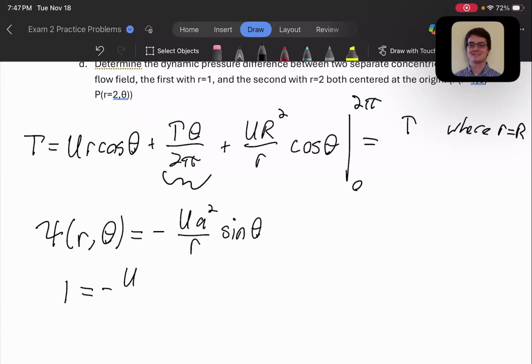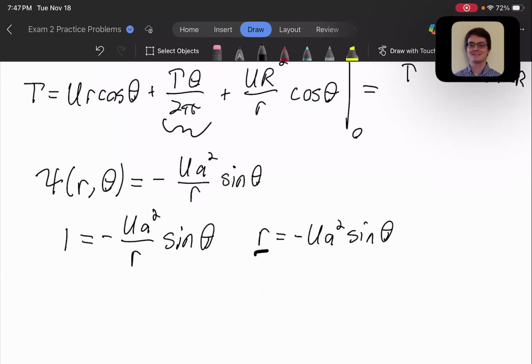So then 1 equals negative u a squared over r, oop, not r squared, just r, sine theta. And then maybe we multiply by r. So r equals negative u a squared sine theta. And then we go from 0 to 2 pi, or 0 to pi, or whatever length you care about, and we plot what the streamline's doing, and you solve for r, and then we could plot a streamline.